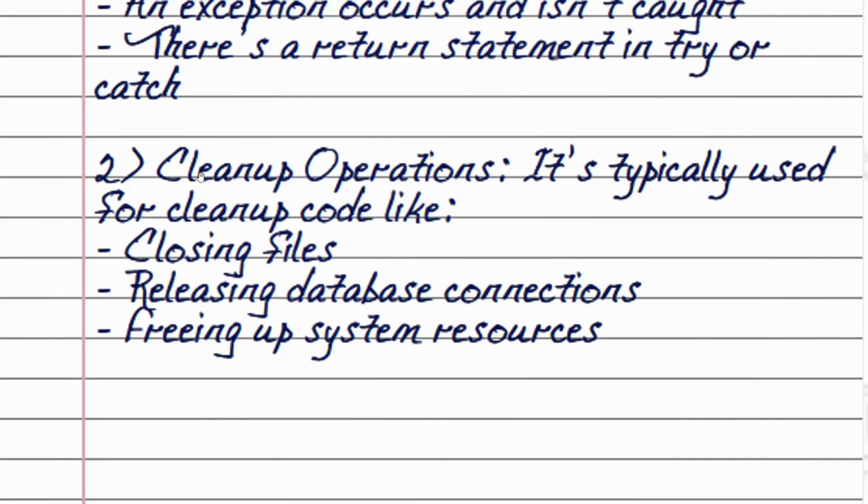The next characteristic is cleanup operation. It is typically used for cleaning up code like closing files, releasing database connections, and freeing up system resources. Suppose we are performing some operations on a file, like read, write, update, and we have opened the file in the try block.